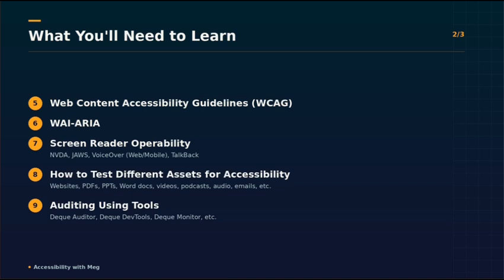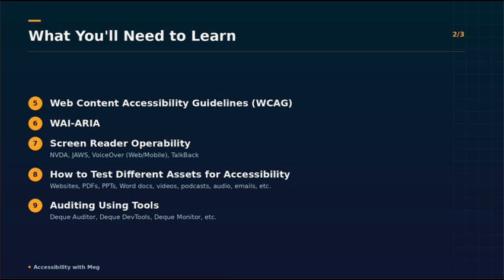Alongside that, we have WAI-ARIA, which helps you understand how to make dynamic and custom components accessible. So you'll need to have this information as well. You'll also need to learn how to actually operate screen readers.